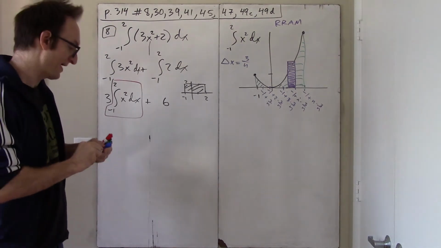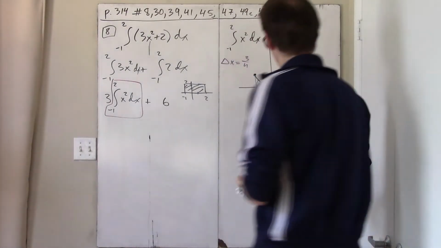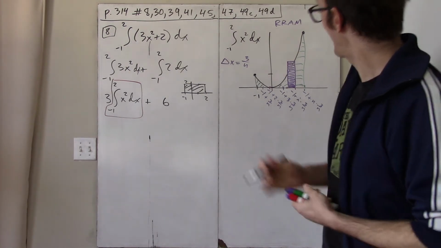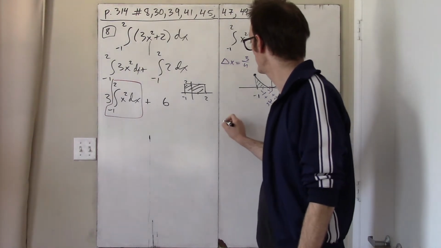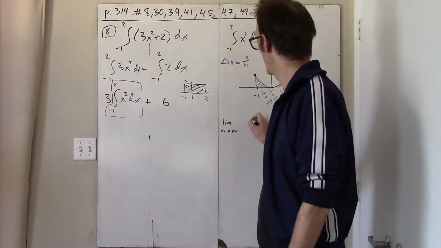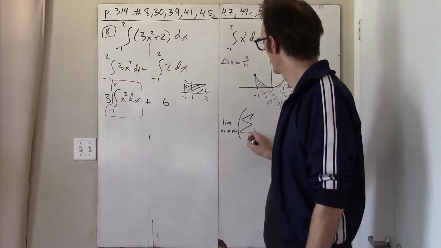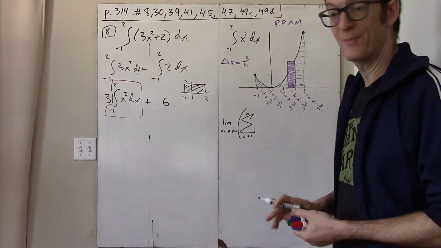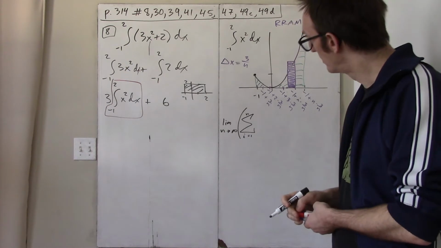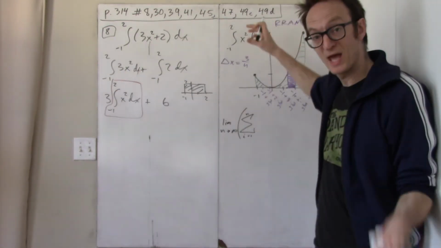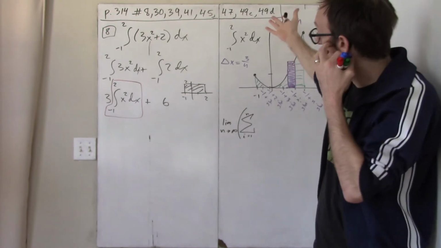Alright, if I have that understanding, then I can tell you what this answer is going to be. It's the limit, as n goes to infinity, of the sum from i equals 1 to n, and I'm adding up n things. What are the n things? Essentially the areas of n rectangles, since this function's positive.